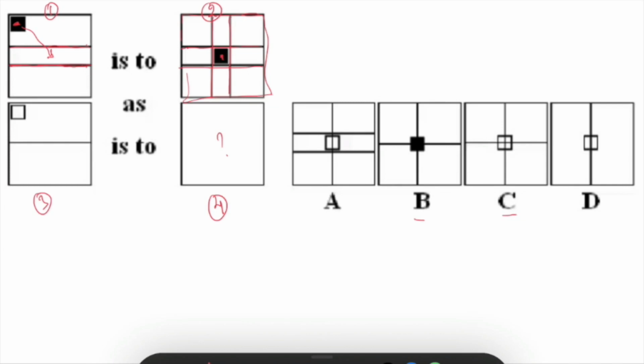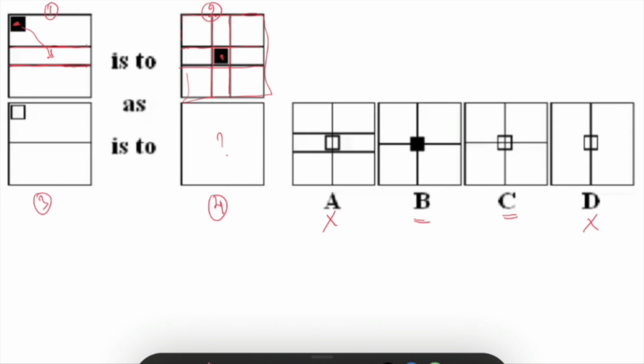We can add one vertical line, but we should keep the horizontal line, and this happened with B and C. It didn't happen with D, because the D choice eliminated the vertical line, and A we can eliminate because it added an extra horizontal line, which was not the case. So I'm here trying to figure out which one is the correct answer, B or C.